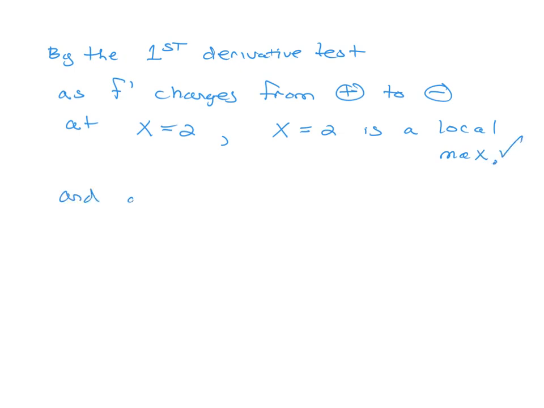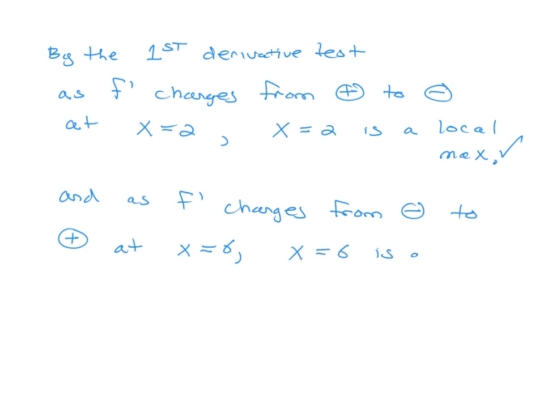And as f prime changes from negative to positive at x is equal to 6, x equals 6 is a local min. And again, the reason behind this is positive and negative is increasing to decreasing. So increasing to decreasing, there's a highest point. Here, negative to positive is decreasing to increasing, meaning there's a lowest point. This one's a max, and that one is a min.